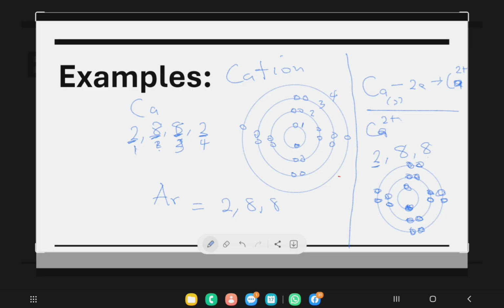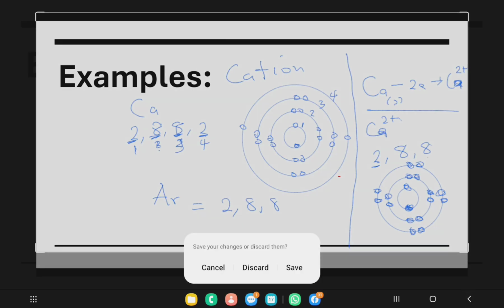I've given an example using calcium. Now let's look at anions. How are anions formed?